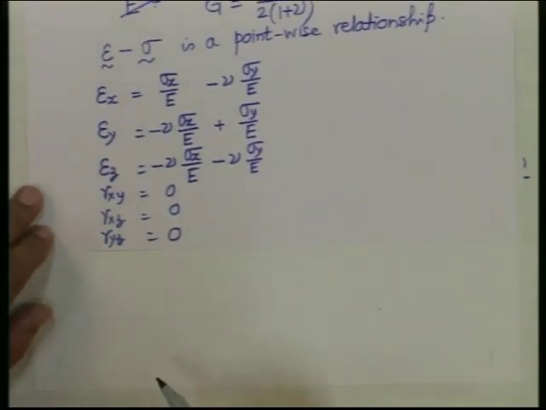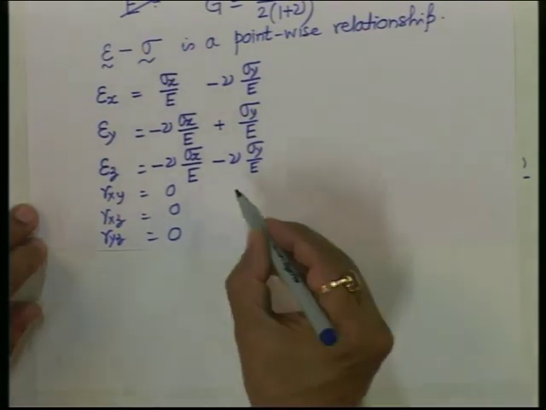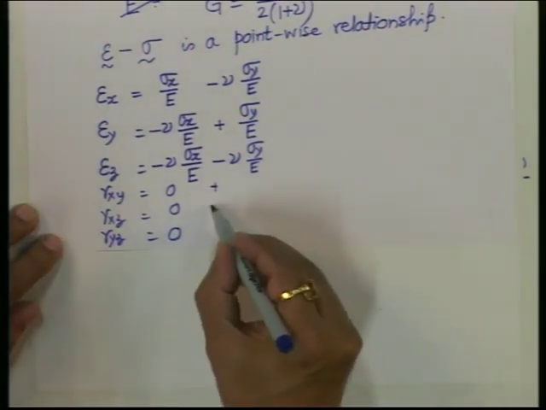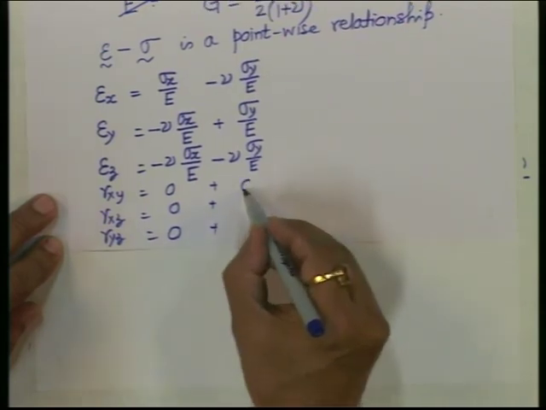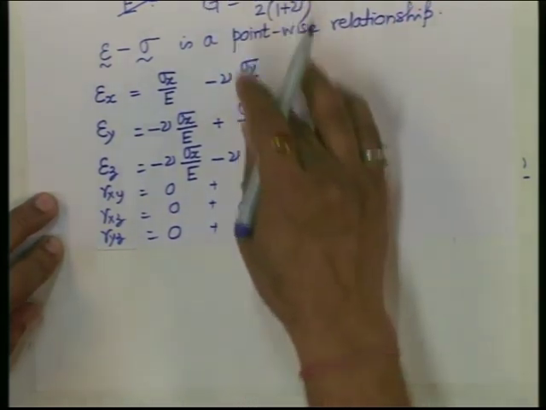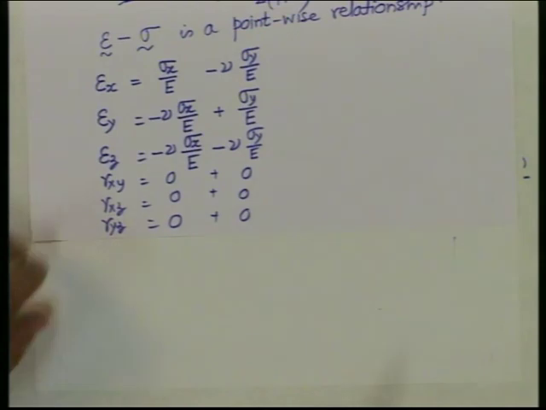No. If it is isotropic material, no shear. So, because of sigma y there will not be any shear strains.